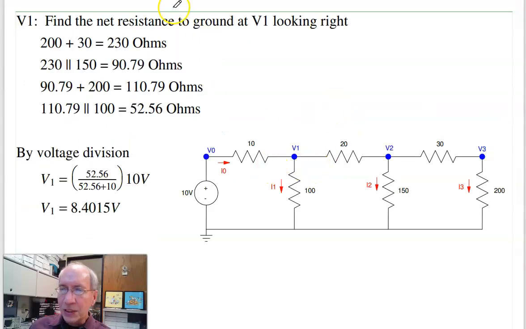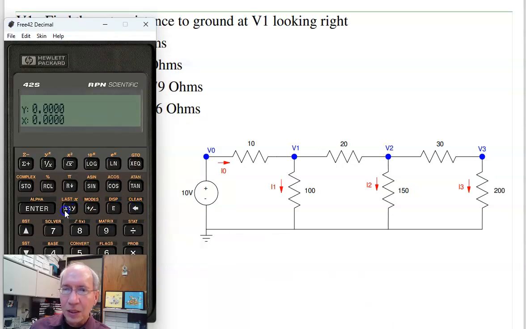Let's find the resistances. So let's grab my calculator. The resistance at this point looking right is just 200 ohms. At this point looking right, the resistance is 150 in parallel with 230. This is 90.78 ohms. And let's do store O2.